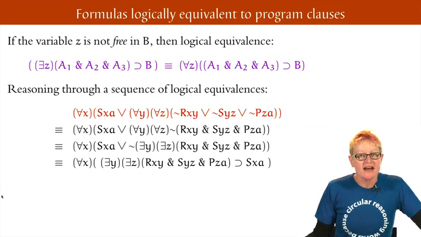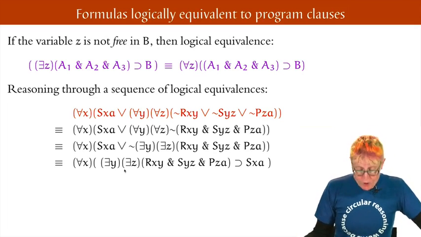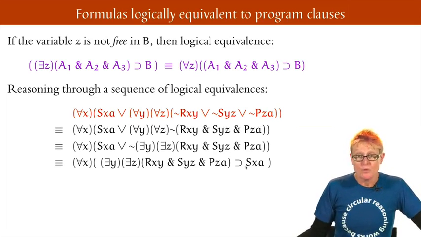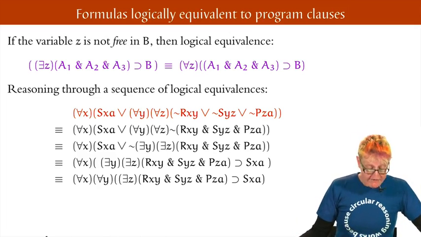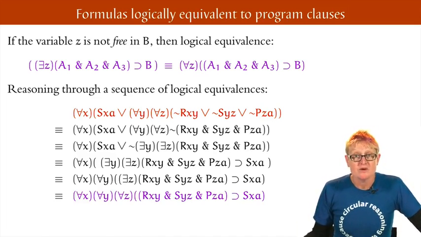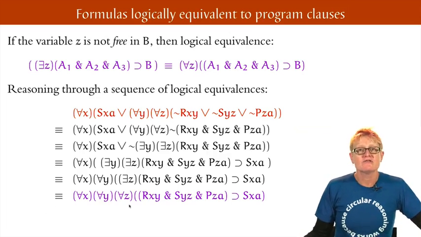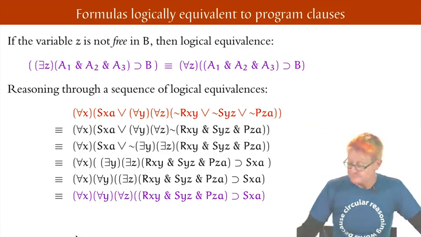The variables quantified are y and z, and they do not occur at all in the consequent sxa. So we can apply the prenexing law for the y variable and then apply it again for the z variable to end up with a universally quantified program clause form as claimed.